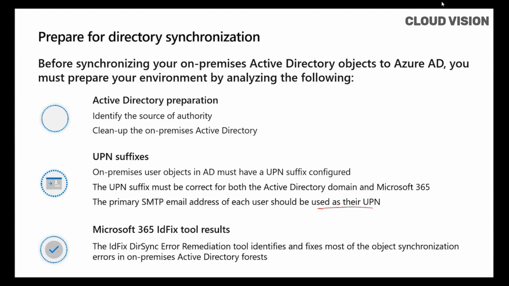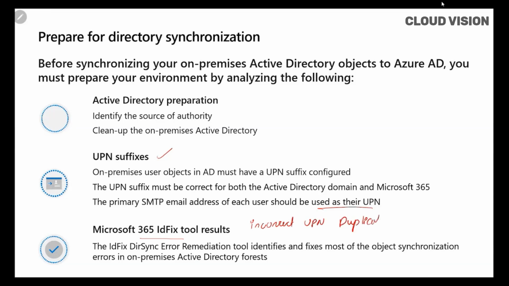So in that case, you can use the Microsoft 365 ID Fix tool, which queries all of the objects in your organization that may have some UPN related issues, like incorrect UPN or duplicate attributes.